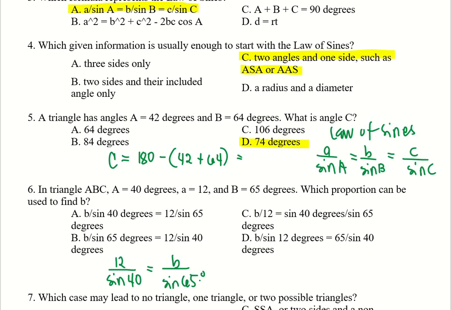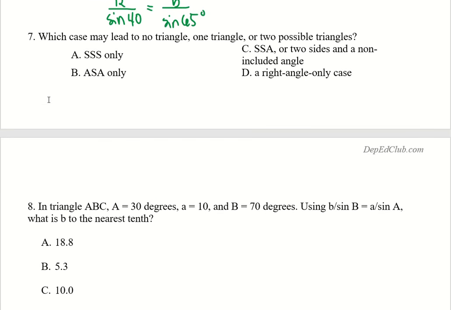So for number 6, we'll have letter B: b over sine 65 equals 12 over sine 40. The side and the denominator is the angle opposite to it.